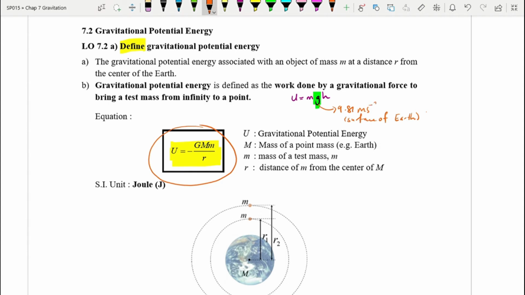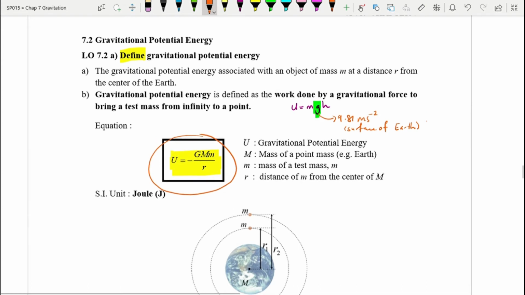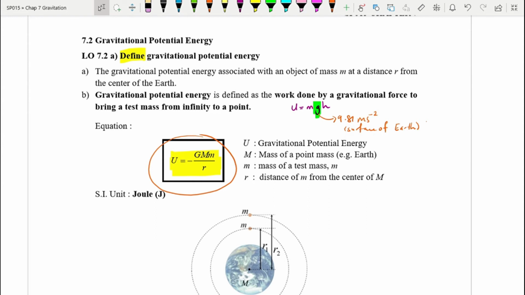Okay, so kalau kita tengok formula U negative GMm over r ni lebih kurang sama dengan dua formula yang kita dah belajar dalam chapter ni. So ada dua kuantiti yang kita dah belajar. Kuantiti pertama kita ada belajar tentang gravitational force, okay, F ataupun kadang-kadang ada juga label Fg equals to GMm over r square.